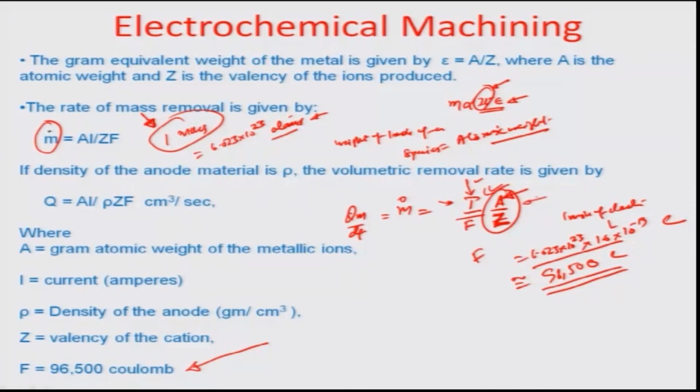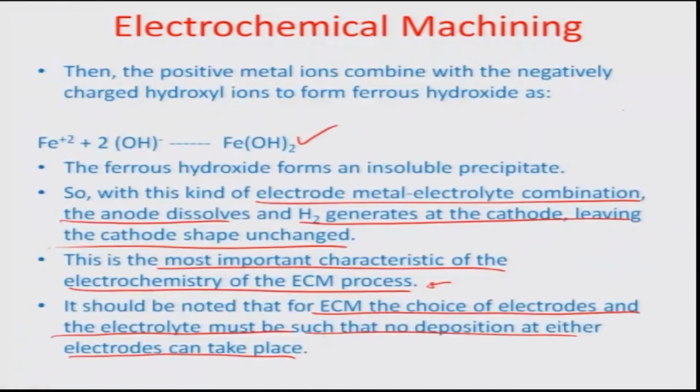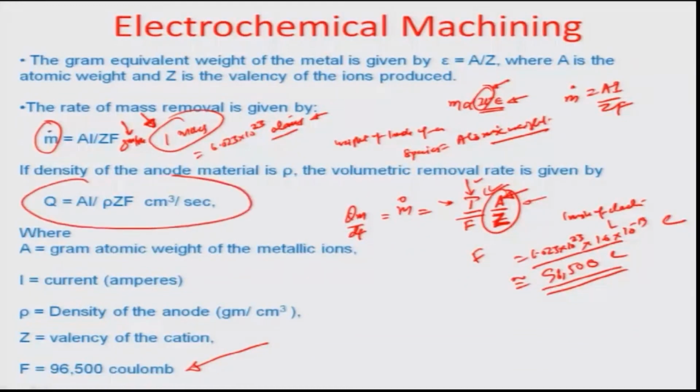Okay. So, the m dot, which is also the material removal rate in grams per second, is given by AI by ZF. If I were to convert this into the volume rate of removal of material, I would have to divide this by density rho, and so effectively the volumetric material removal rate comes out to be AI by rho ZF centimeter cube per second.